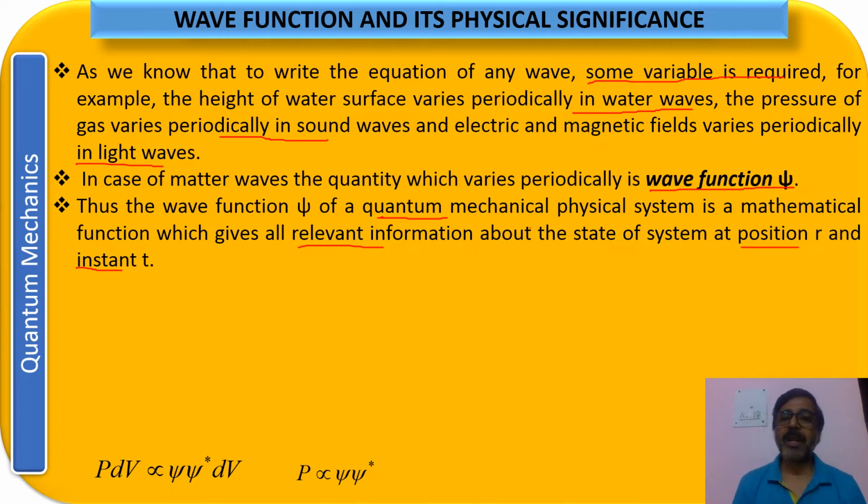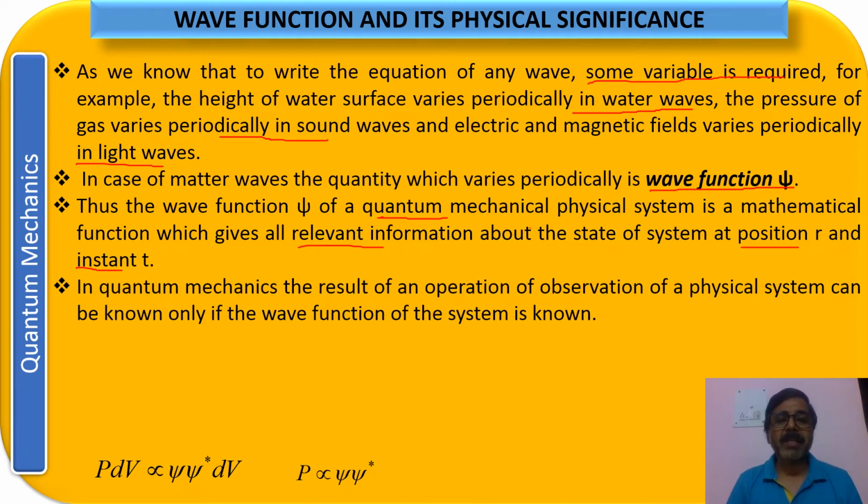So just like in case of the light wave, your electric vector is giving you all the information. Similarly, the magnetic vector is giving you all the information about any position at any time, how it is moving, what the velocity is, all those things you can find out. Similarly, here the wave function is telling us, in quantum mechanics, the entire information about the wave. That is your matter wave.